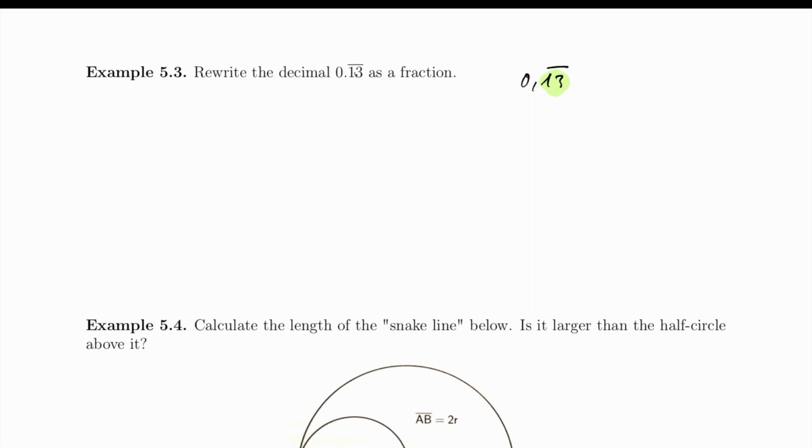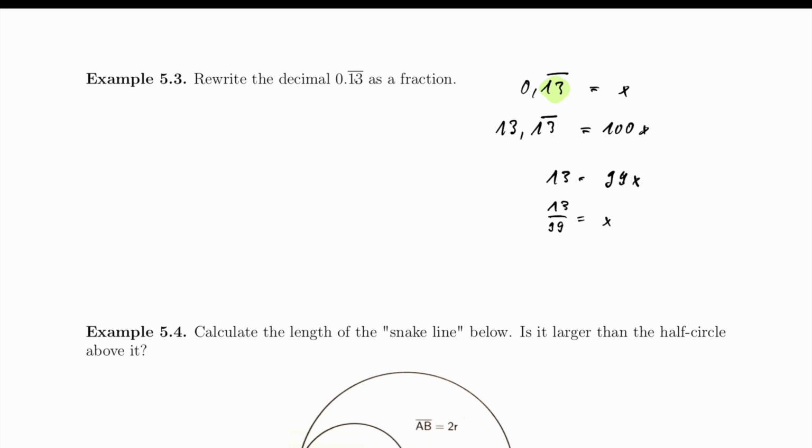What I have to do is calculate times 100. So if this is x here and this is 100x, I can do the same trick as before. I do 100x minus x, that's 99x. And then I do 13.13 periodic minus 0.13 periodic. Well, that's just 13. And then x is just 13 by 99.